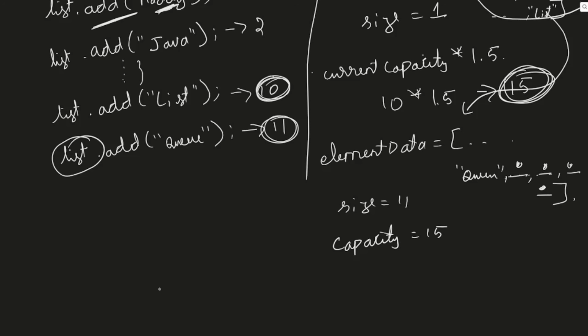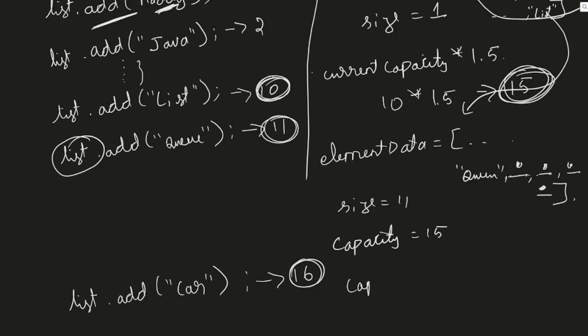And now, even after completing all the 15 elements, whenever you try to insert, let me just take car. Whenever you try to insert an element at the 16th position, it does the same thing.